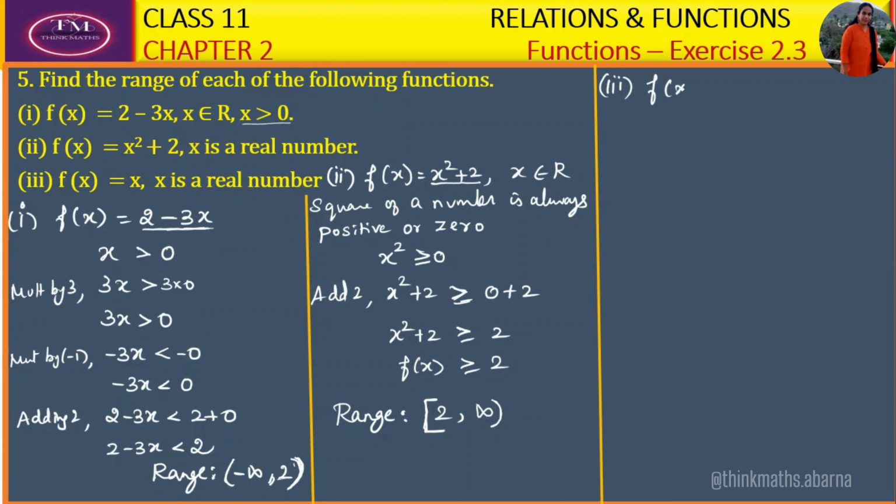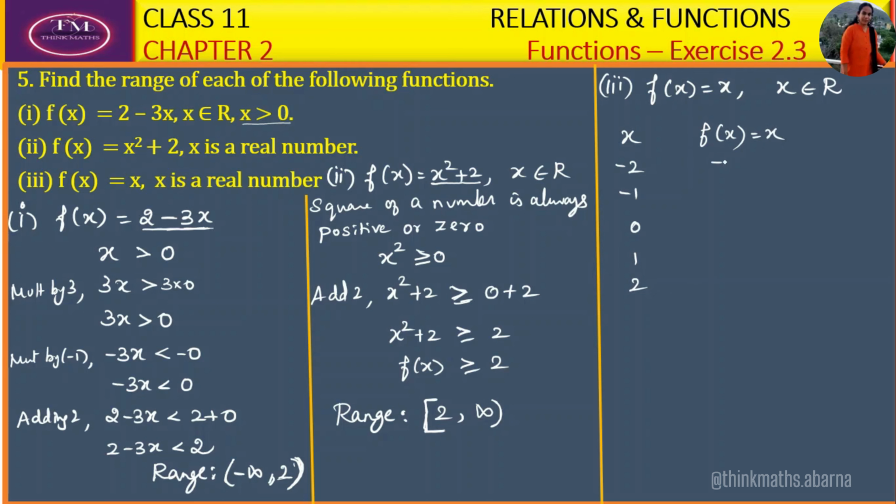F of x equal to x. Here x belongs to real number system. So now here f of x equal to x, identity function. So let us substitute some values for x and f of x. Let me take some negative numbers, 0 and positive numbers. So what is f of x? It is also x.